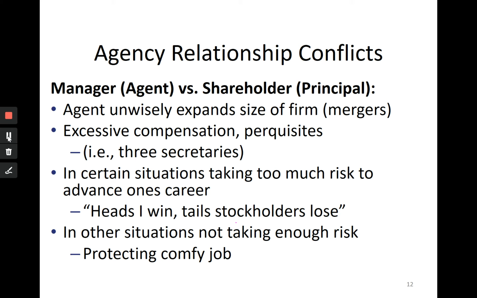And if the risk doesn't pay off, only the shareholders lose their money. Obviously, these are exaggerated cases because, of course, in bankruptcy, the manager loses too. But there are situations where owners have a lot more to lose than the manager if the risk doesn't pay off. So the manager may take that high risk venture, which doesn't provide as much compensation in line with its risk for the owners.